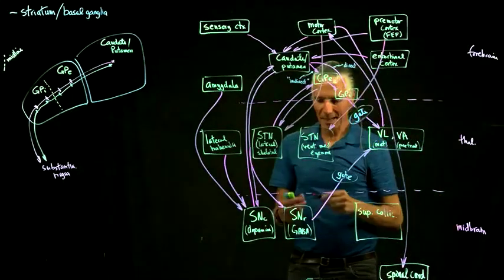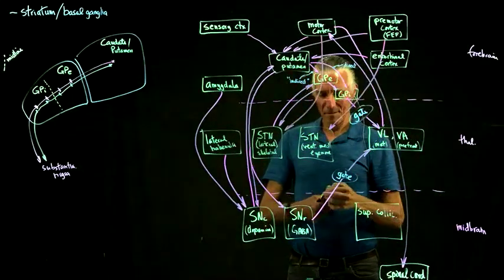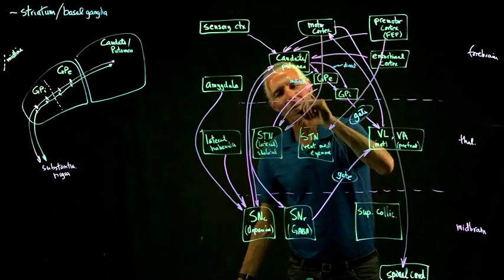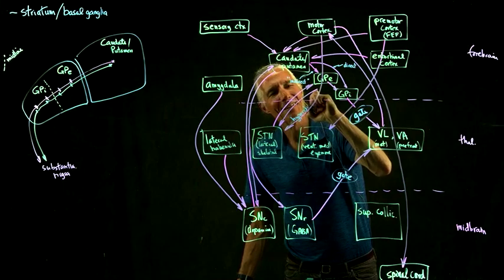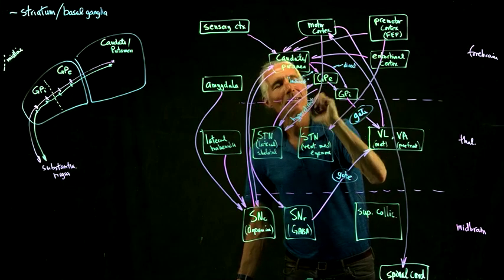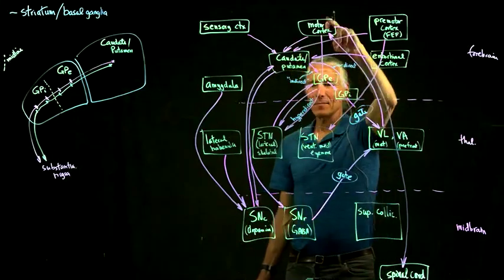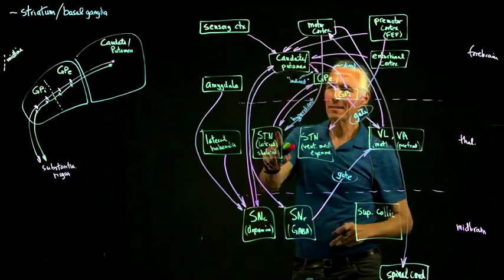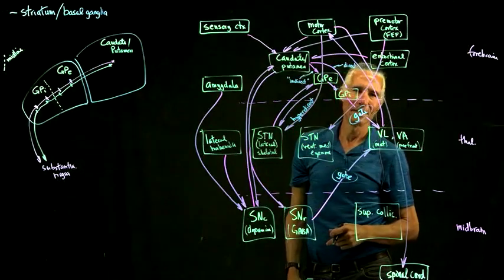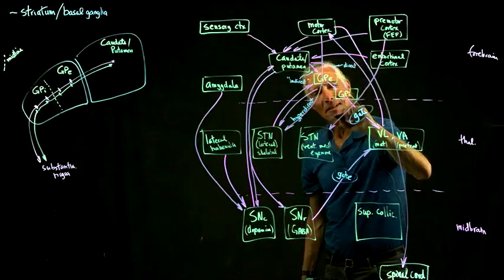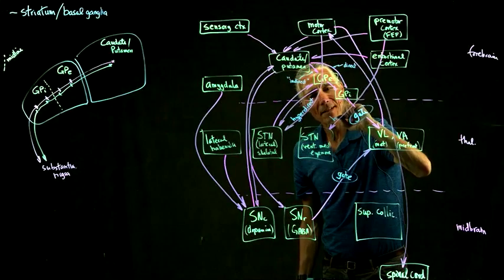So that's kind of extra direct, and so that's called the hyperdirect pathway. Because the cortex doesn't even have to go through the caudate putamen, it just gets immediately into the subthalamic nucleus, and it can sort of immediately get out and gate stuff. So here's the hyperdirect.